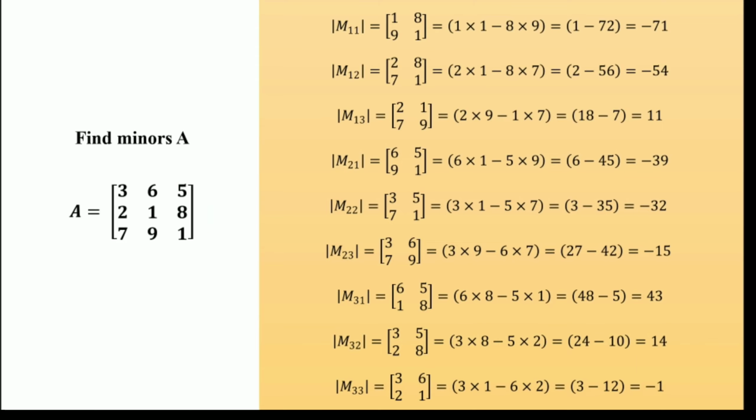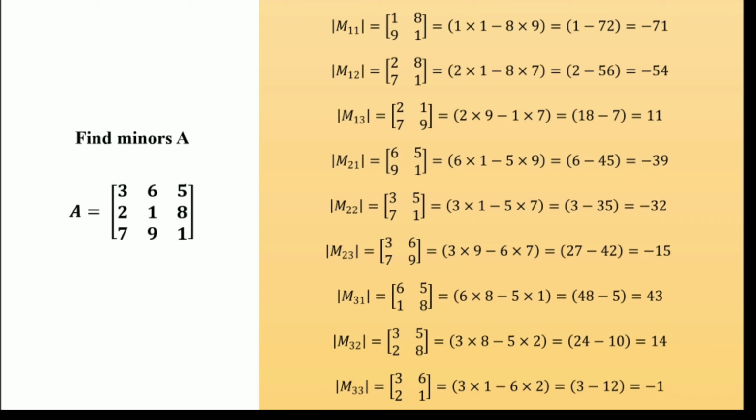Corresponding to the first element 3, we have the first minor M11. By crossing out the row and column corresponding to 3, we have a 2 by 2 determinant, 1, 8, 9, 1. So the value of M11 is 1 into 1 minus 8 into 9, which is 1 minus 72, which is minus 71. So the value of the first minor is minus 71.